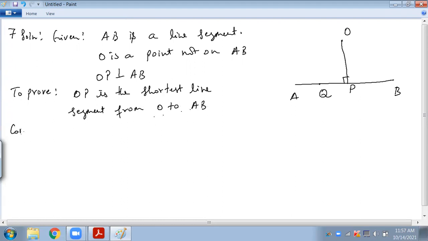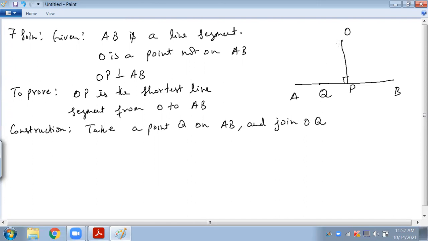To prove this, we need a construction. We'll take a point Q on AB and join OQ.